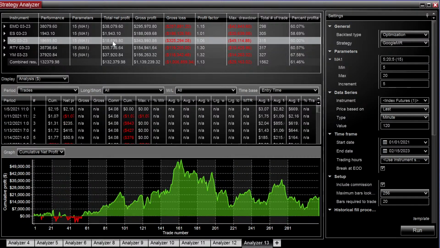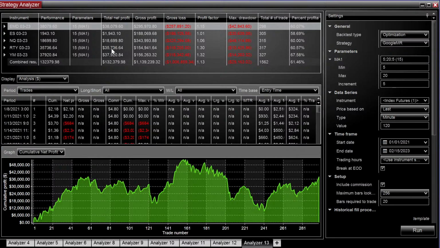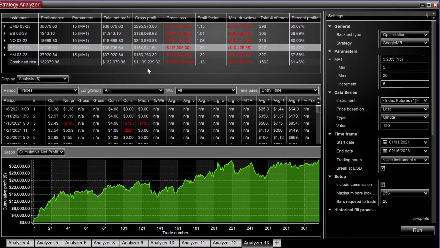RTY looking stable. NQ, don't know what the hell's going on. This is it choosing the 15 period.